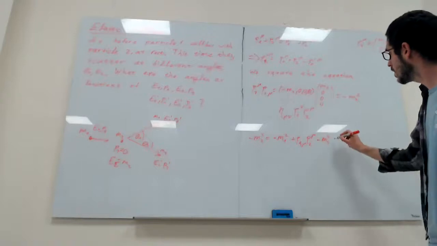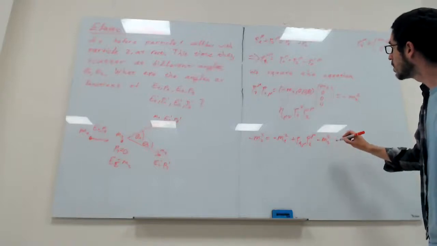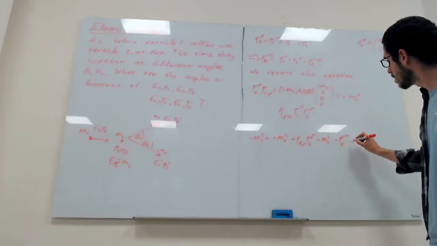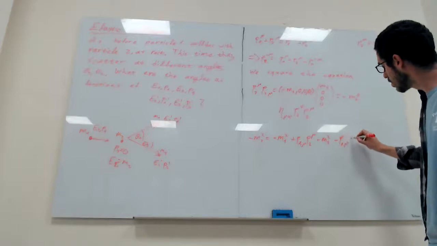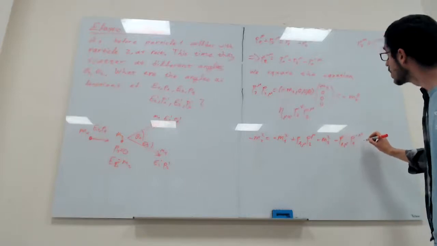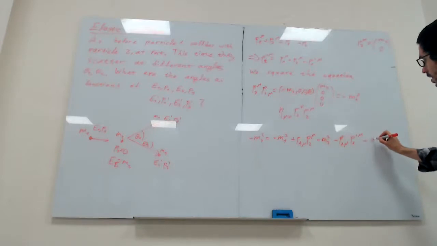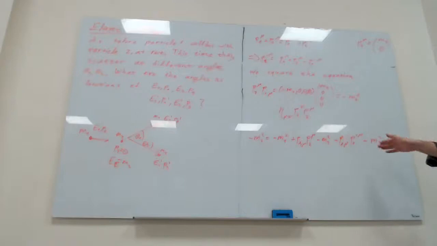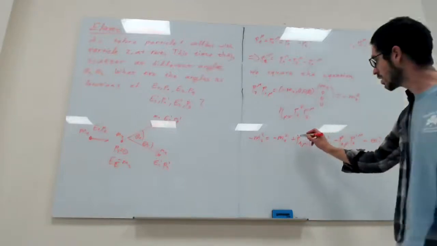So P1 mu P1 tag mu minus 1 squared, minus P2 mu P1 tag mu. Upstairs, so we don't need to. Right. Here I forgot to do.